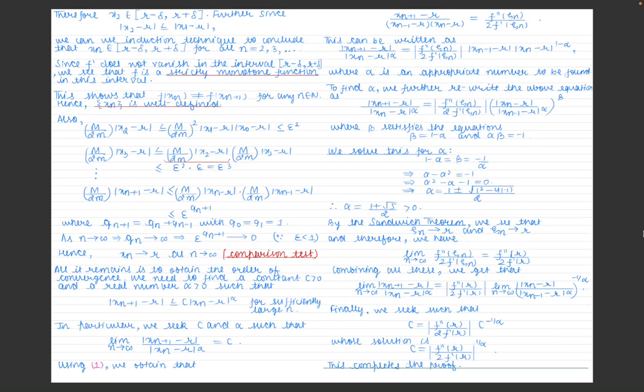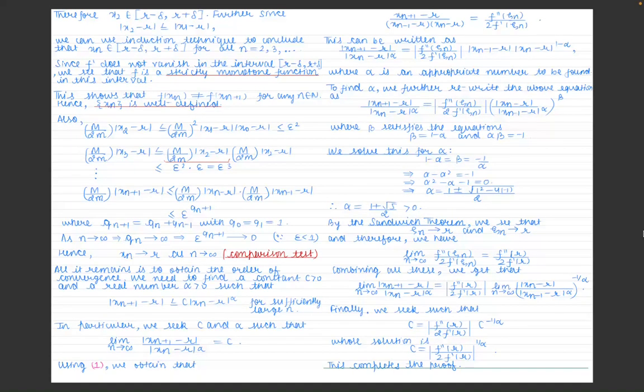Oh, the screen stopped. So this is m by 2m times mod xn minus r times m by 2m again times mod xn minus 1 minus r.